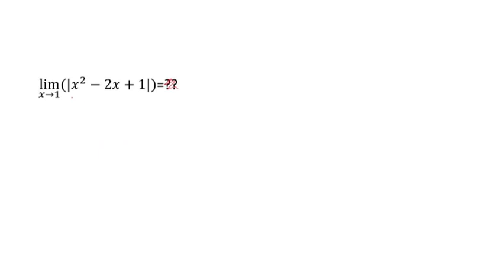So first of all, again, it's important to notice this can be rewritten in the form of an identity. We have the identity a squared minus 2 times a times b plus b squared, which is a minus b quantity squared.